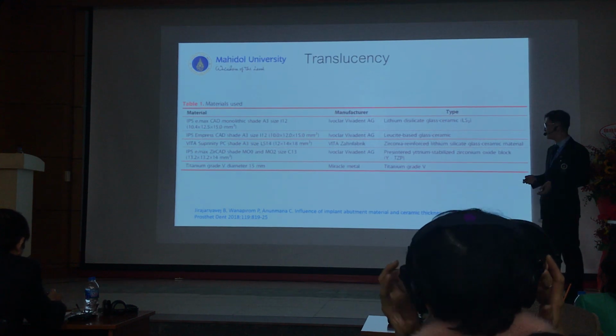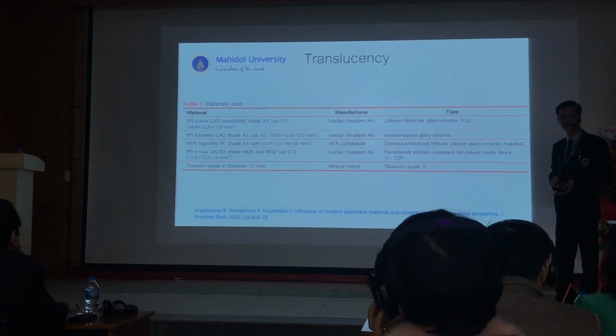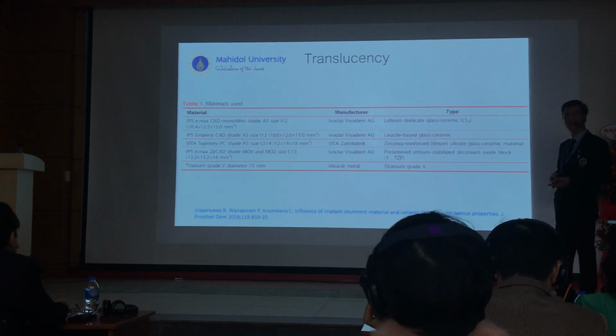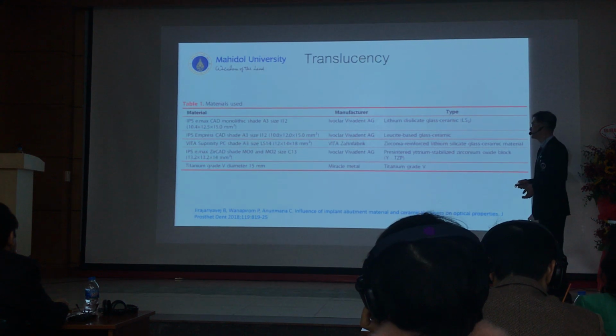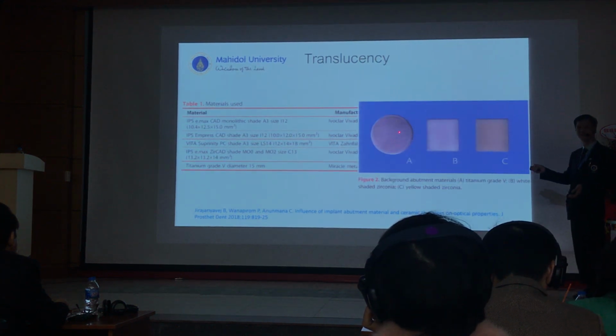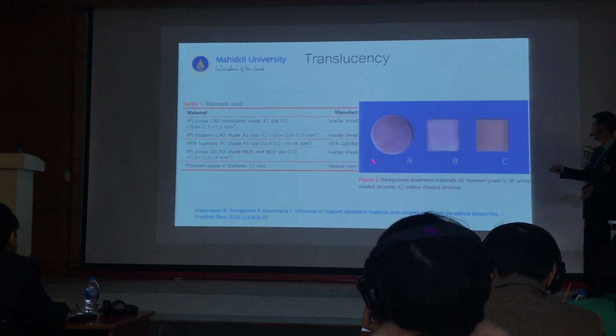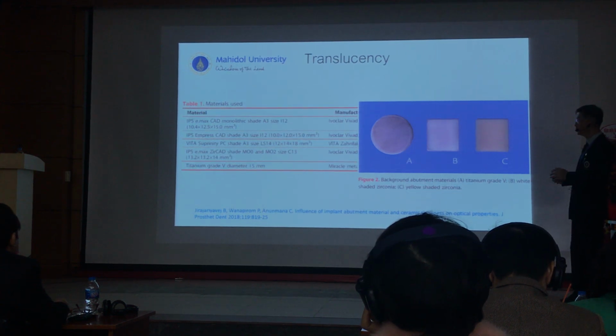In one of my studies, I did research. We want to use a glass ceramic on the implant abutment. I tried to assume that we have titanium as an implant abutment, zirconia that is white in color, and zirconia that is yellow in color. What happened to the material?